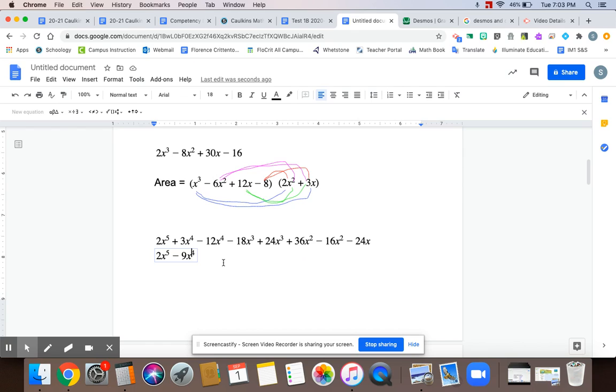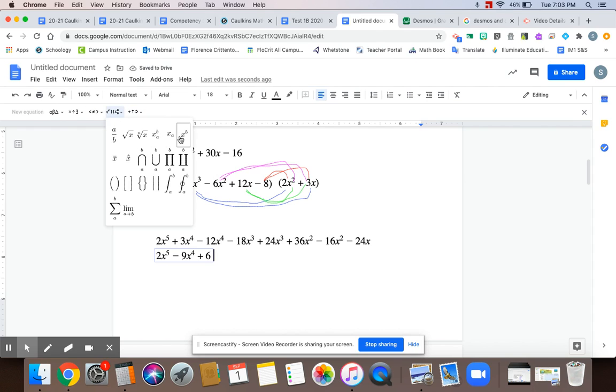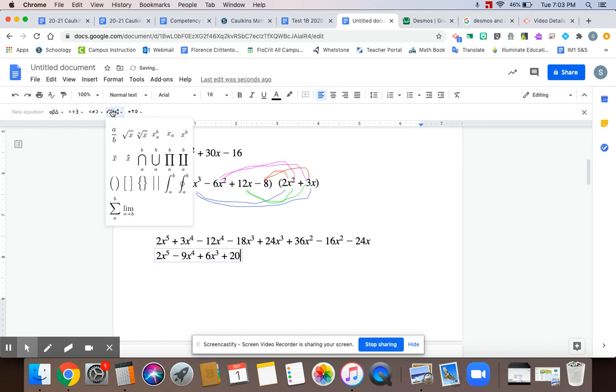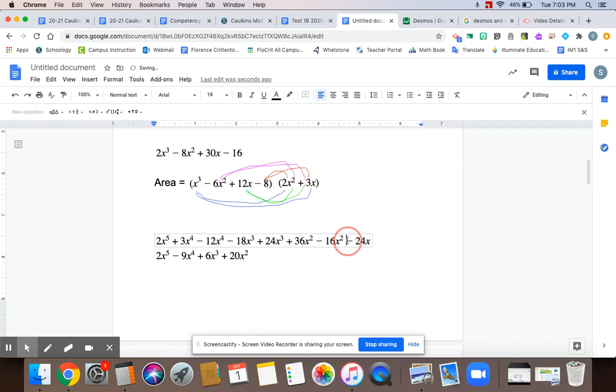It's positive 6x to the power of 3. 36x squared minus 16x squared becomes 20x squared, positive 20. And then the just x's, there's only this minus 24x at the end, so there's no one to combine with. We just copy it. And then that would be the answer for the area.